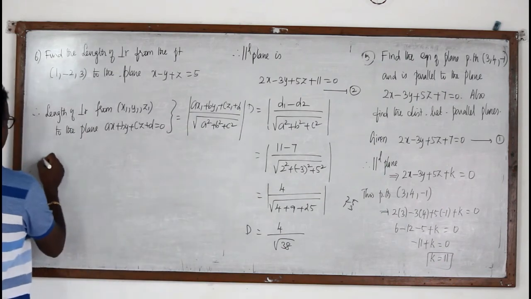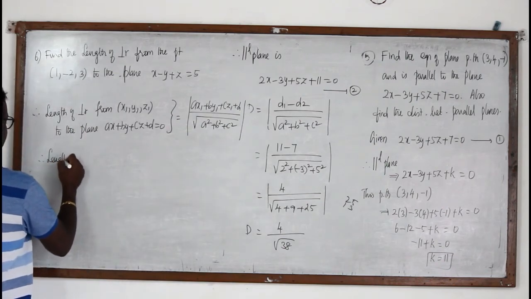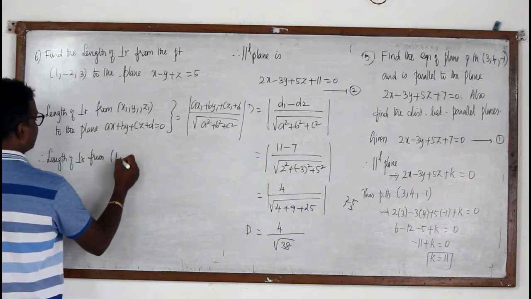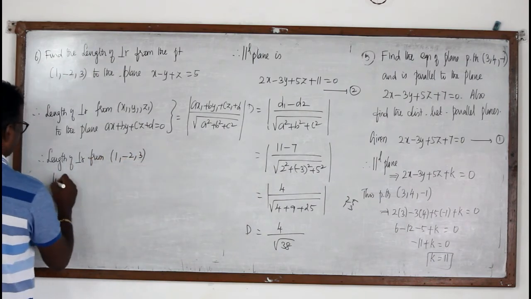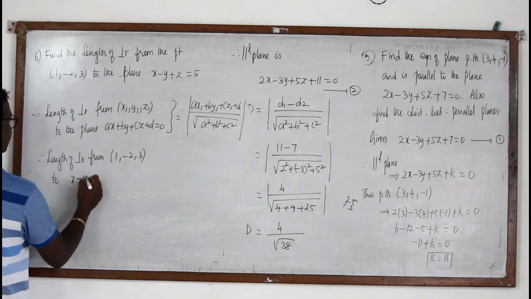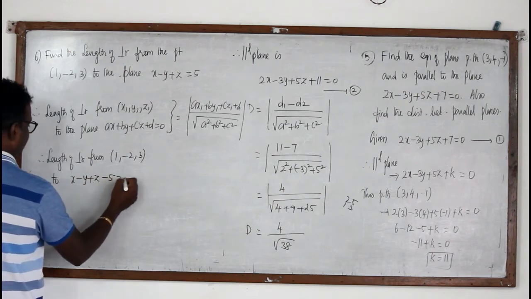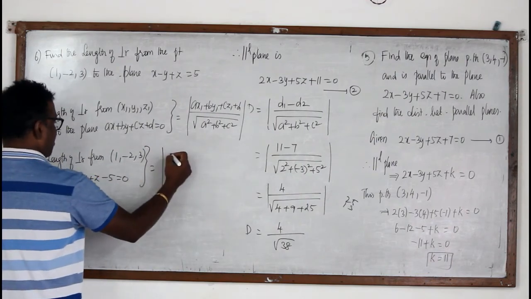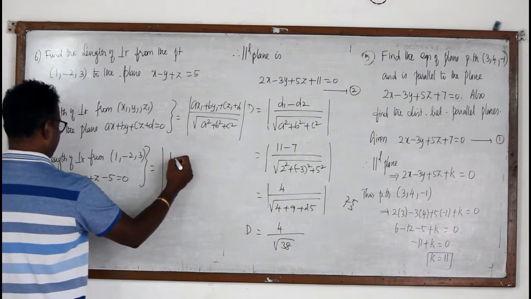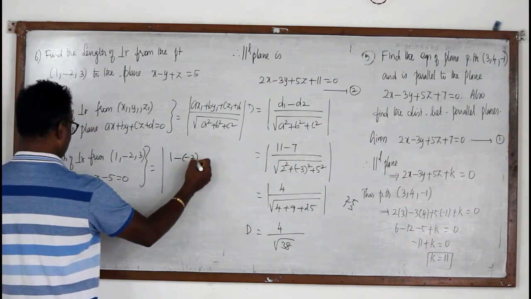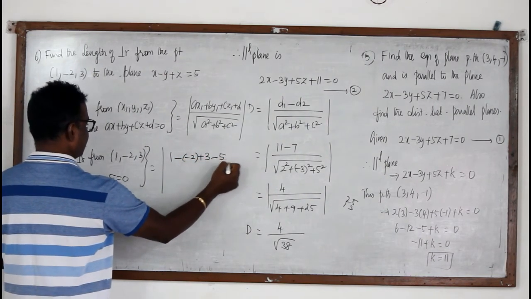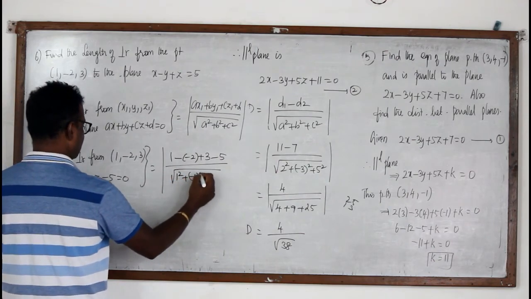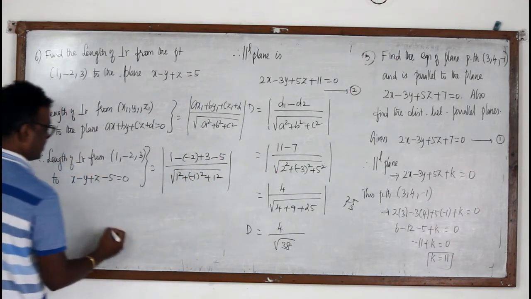Therefore, what is the point given here? Length of perpendicular from the point 1 comma minus 2 comma 3 to the plane x minus y plus z minus 5 equal to 0 is given by modulus of 1 minus into minus 2 plus 3 minus 5 by root of 1 square plus minus 1 the whole square plus 1 square.